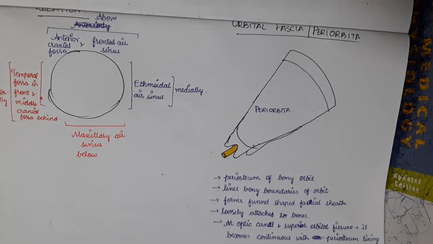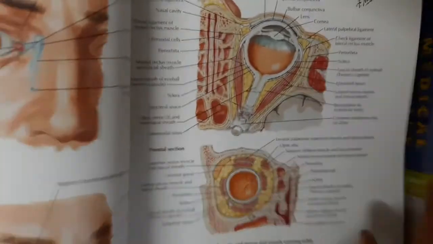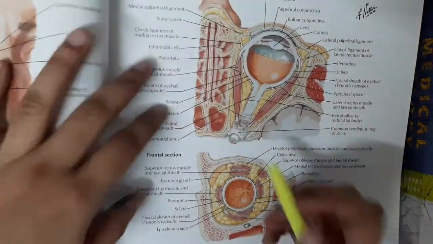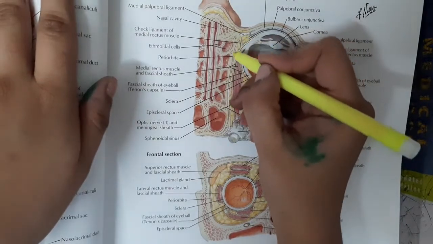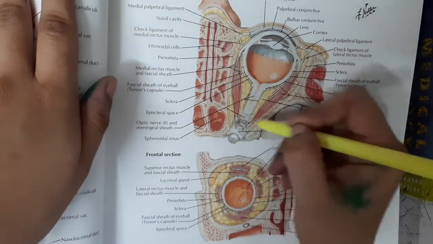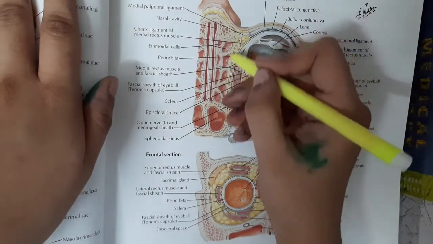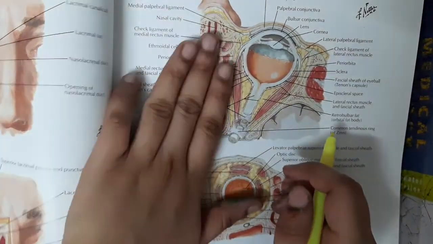Let me show you this picture also. This is the same picture, but here this is the periosteum, this line. This is the bone, the orbital bones. See, this is the ethmoid bone.